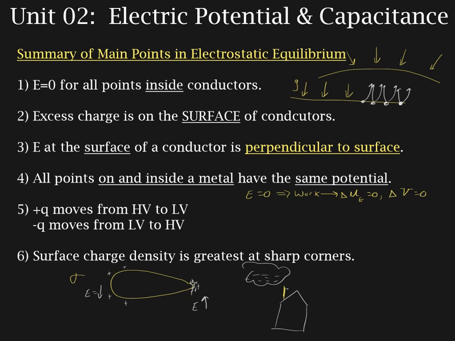What ends up happening is you create a really strong electric field around the tip of the lightning rod, which comes to a point, and so you end up bleeding off some of the excess charge, and it comes down through the lightning rod into the ground. So the purpose of the lightning rod is actually to avoid a lightning strike, not to cause a lightning strike. However, if a lightning strike does occur, it's going to hit the rod, and it's much safer for the lightning to strike the rod than some other part of your house.